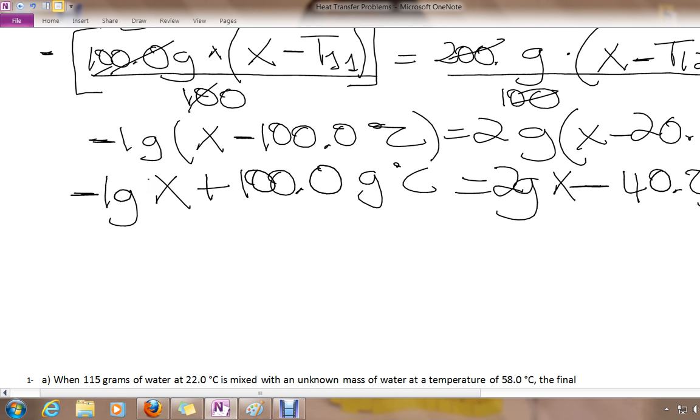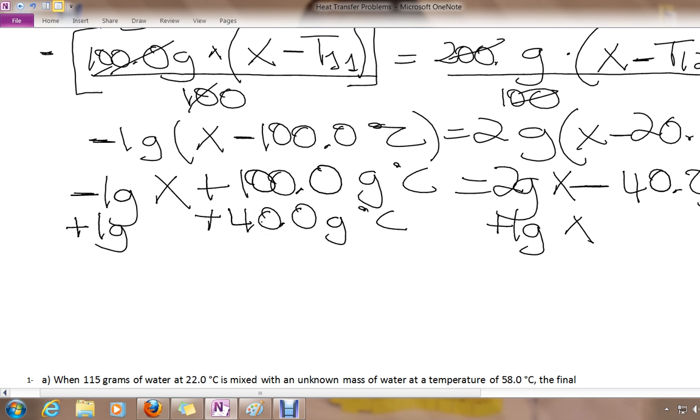So let's add 1 gram x on both sides, so that way we get rid of the x term on the left. And if we want to get rid of this 40, let's add 40 on both sides. Yes or no? So we add on the other side the same 1 gram x, don't forget the x, plus 40.0 grams per Celsius.